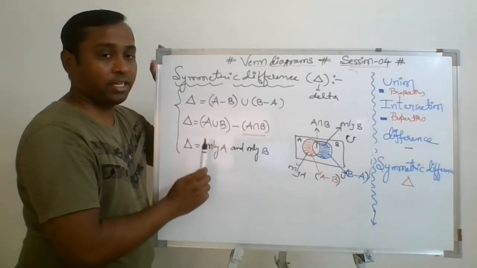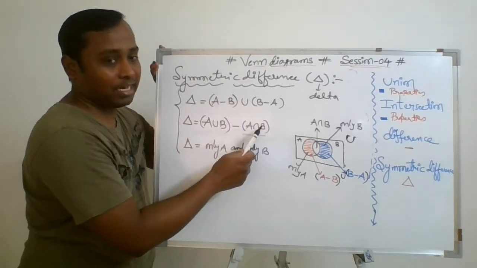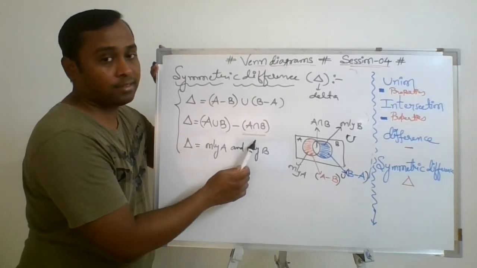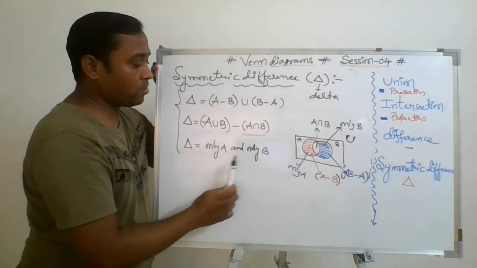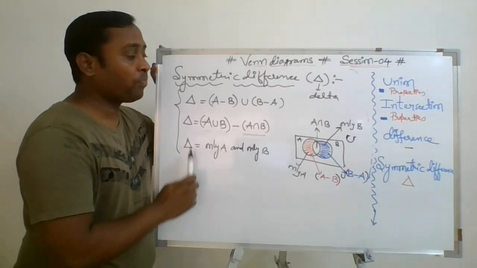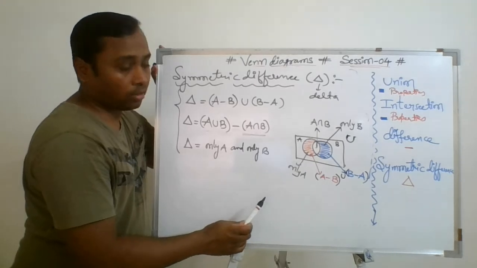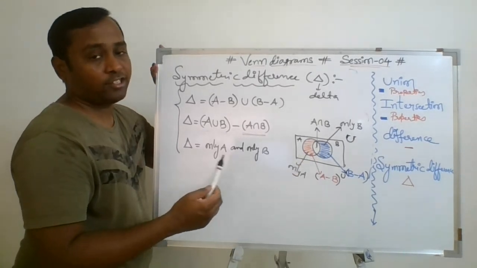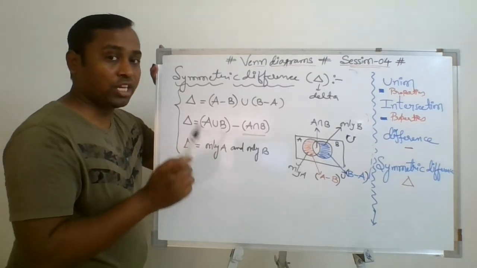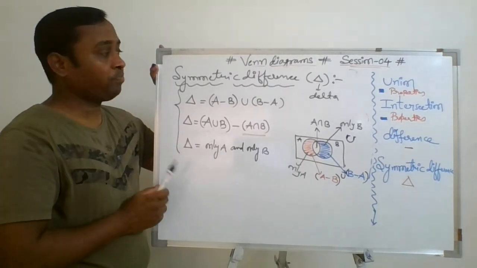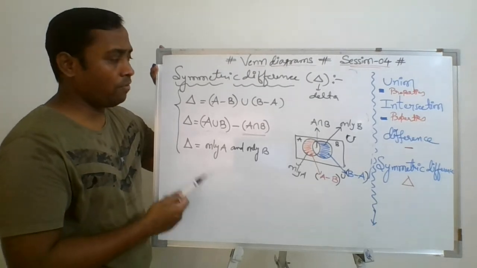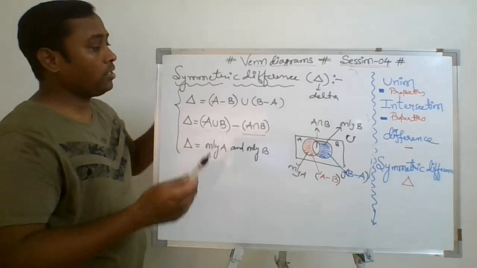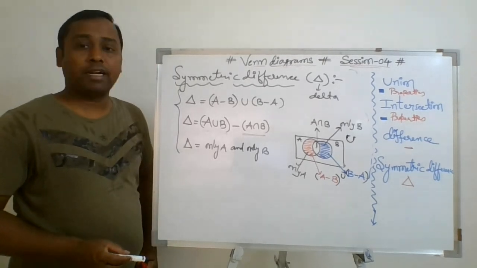The fundamental definition is A minus B union B minus A, also termed as A union B minus A intersection B. How was this possible, these definitions in this way? When we looked at the Venn diagram, people will interpret this shaded portion in different ways without changing the meaning of the definition. So you may say several ways to represent the symmetric difference. So this is all about the Venn diagrams.